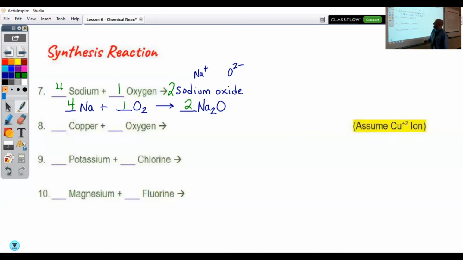Okay, taking a look at number 8. In number 8, it tells us that we're going to use the copper 2+ or cupric ion. So copper plus oxygen is going to give us cupric oxide.